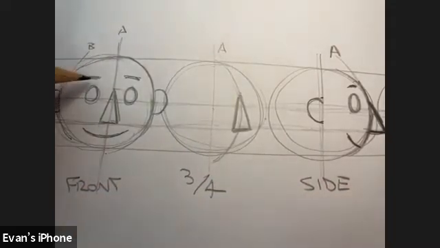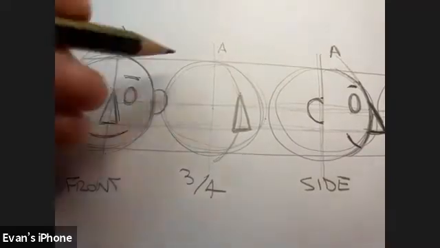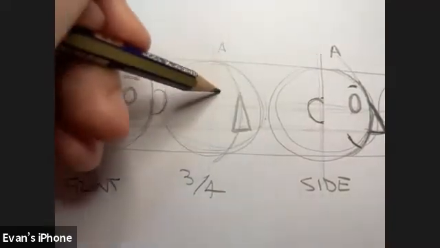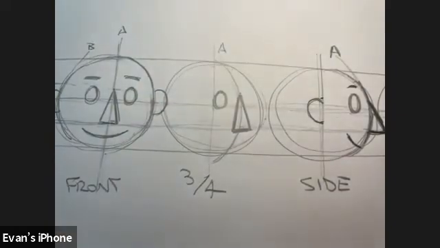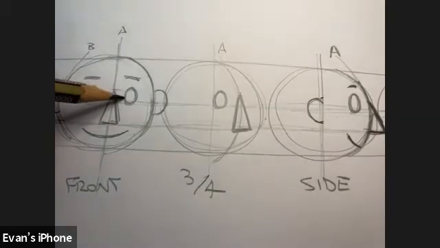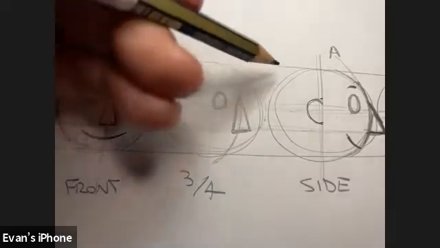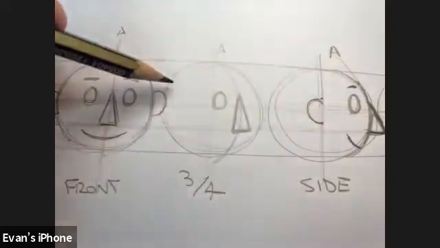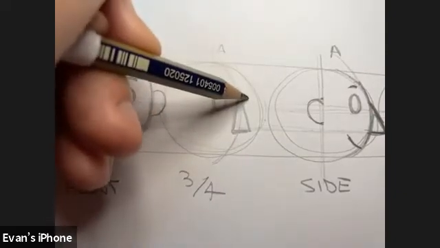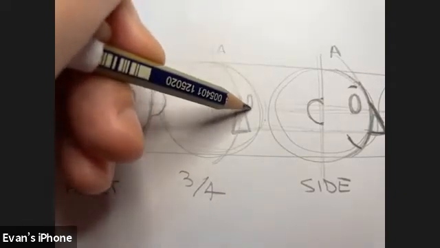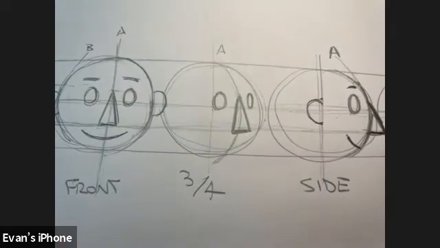So let's do the eyes. Big eye there on this side of the nose. So that eye is going to be roughly there. Now this eye, it's on one side of the head, but when it's side on, you can't see that eye because it's on the other side. So it's going to actually get smaller and thinner as it goes around. So sort of like that, a skinny eye.